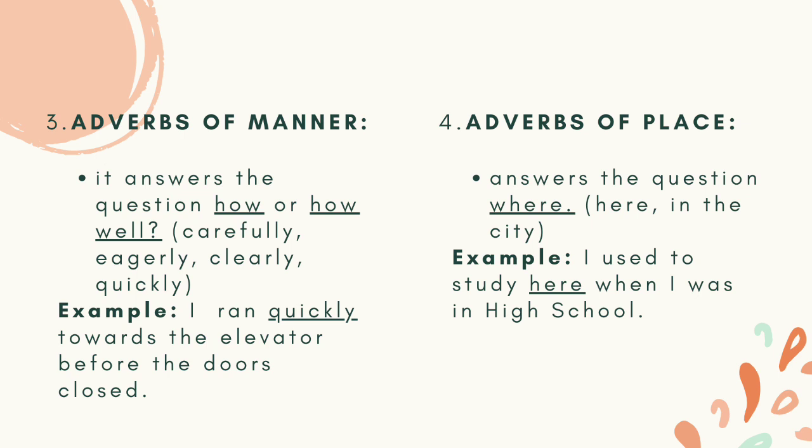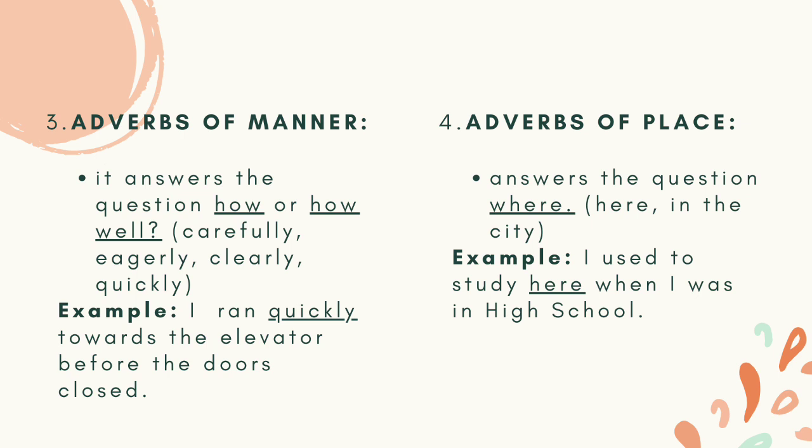The next kind of adverb is the adverb of manner. It answers the question how or how well. Examples of adverbs of manner are carefully, eagerly, clearly, and quickly. Here is an example of an adverb of manner being used in a sentence.